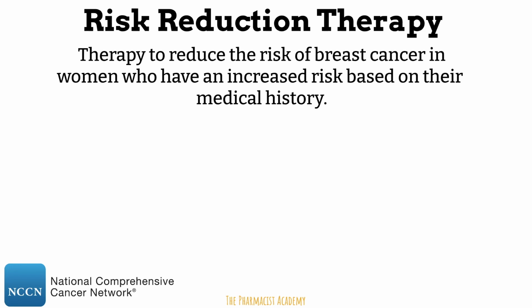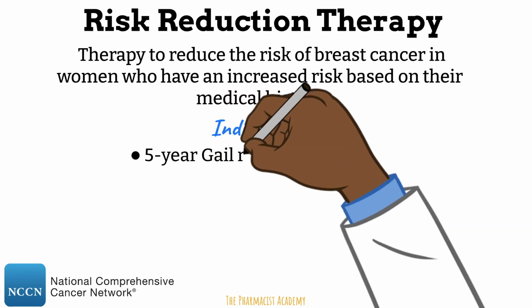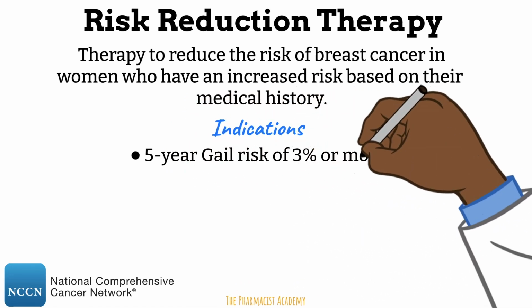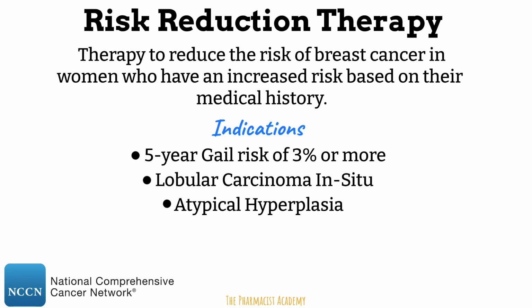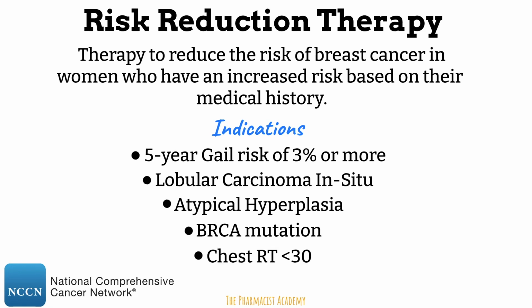As per the NCCN guidelines, the risk reduction therapy is indicated for patients with a 5-year Gail model risk of 3% or more. In other words, the patient's estimated risk for developing invasive breast cancer over the next 5 years is 3%. Lobular carcinoma in situ, atypical hyperplasia, BRCA mutations, and patients with prior chest radiation.